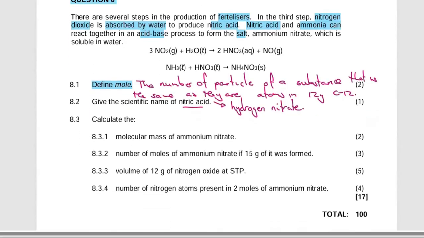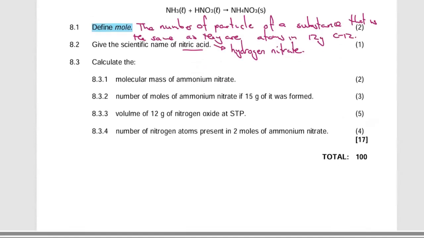Then 8.3.1 says calculate the molecular mass of ammonium nitrate, right? So the molecular mass is going to be NH4NO3, right? So this is equivalent to, your nitrogen is 14 multiplied by 1, plus, it's just a matter of using your periodic table, 1 multiplied by 4, because we have 4 hydrogens.